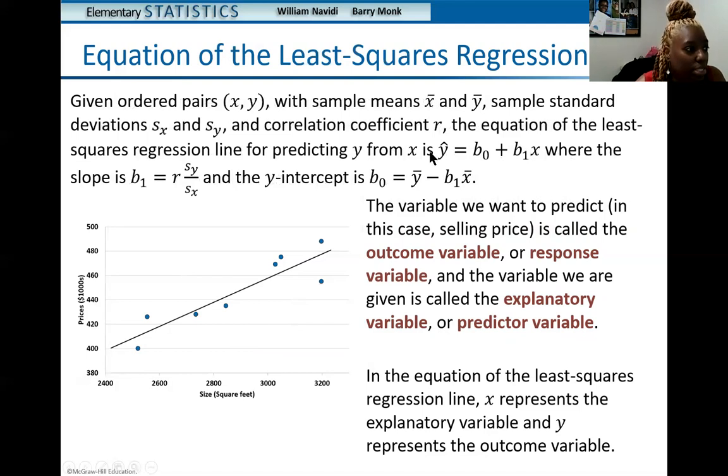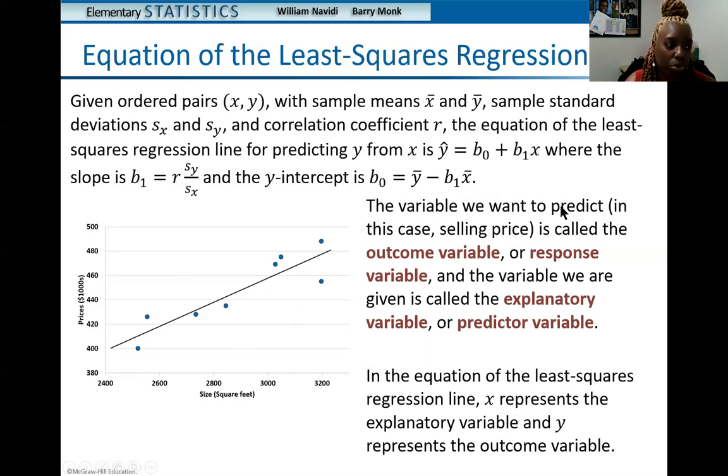In y hat equals b0 plus b1 x, the slope is in front of x, if you remember your algebra, which is b1, and the y-intercept is by itself, which is b0. Here they rearranged it into a different form, but just know y equals b sub 0 plus b sub 1 x, and we'll have that as y equals a plus bx in a minute.